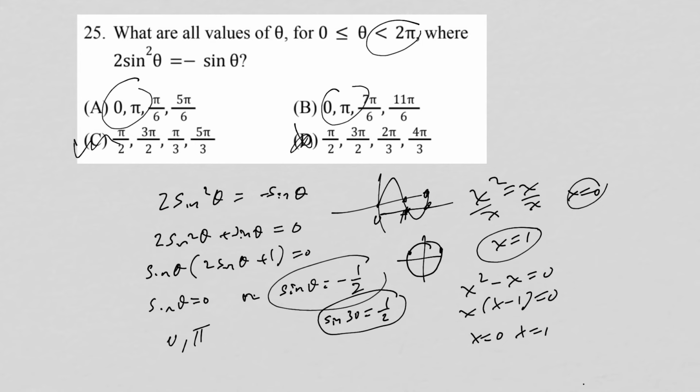So negative 1/2 would be down here. Here's sine equaling 1/2. Here's sine equals negative 1/2. Now that 30 degrees is important because this is 30 also and this is 30, which makes, I better zoom in.